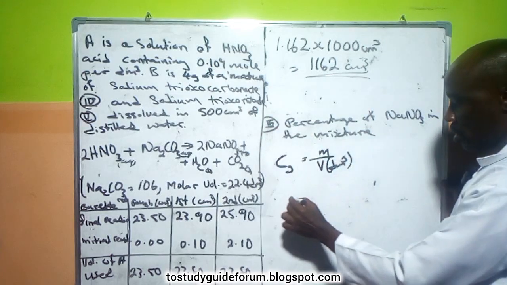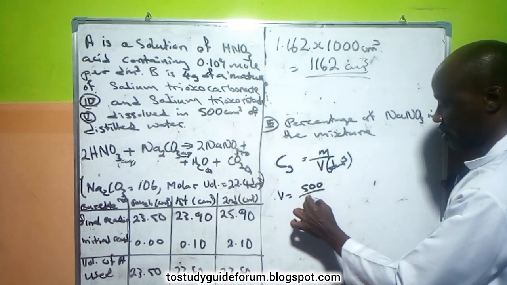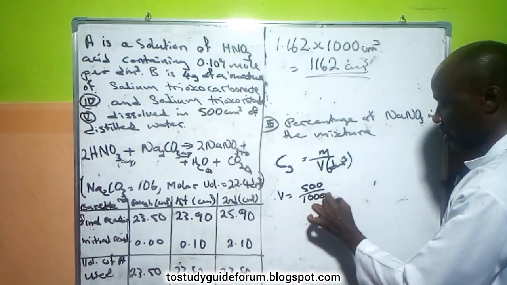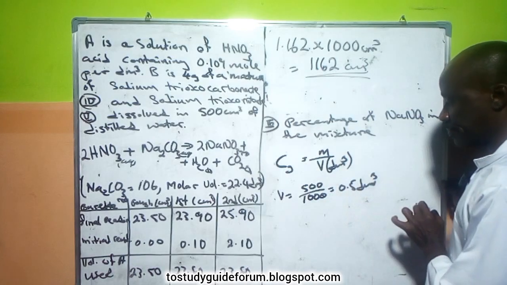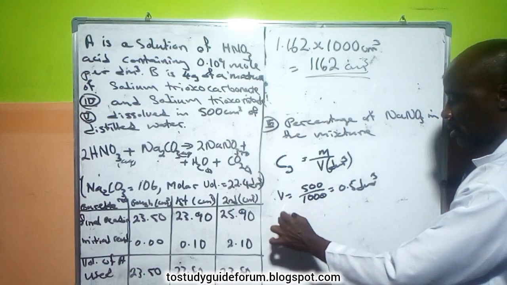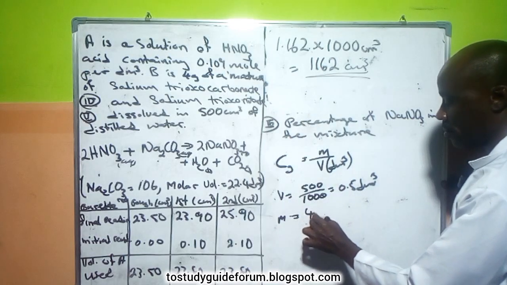So the first thing we do, the volume will be 500 divided by 1000, which gives 0.5 dm cube. And the mass given to us there is 4.